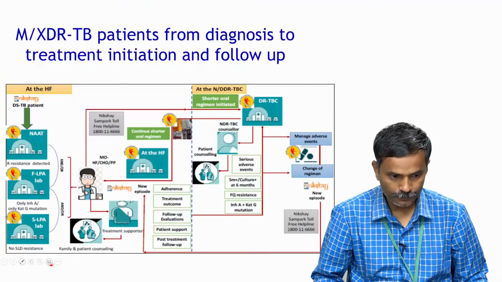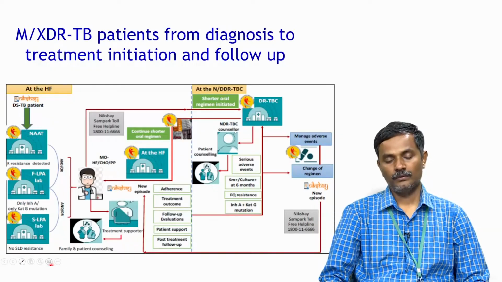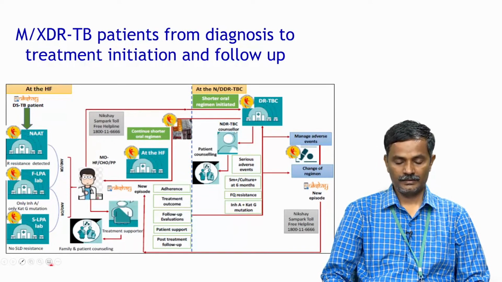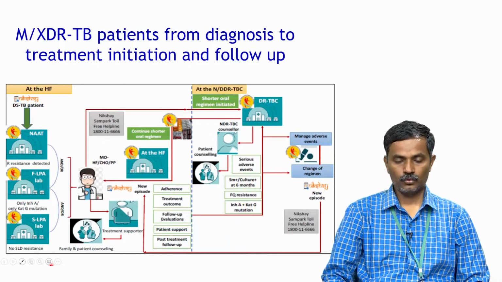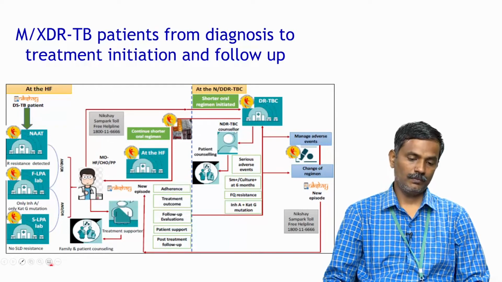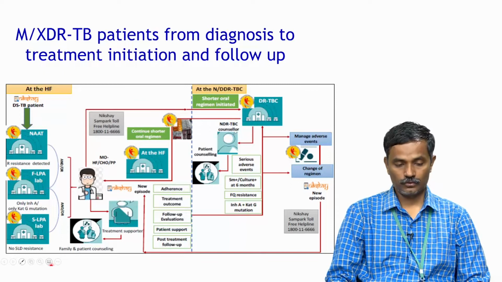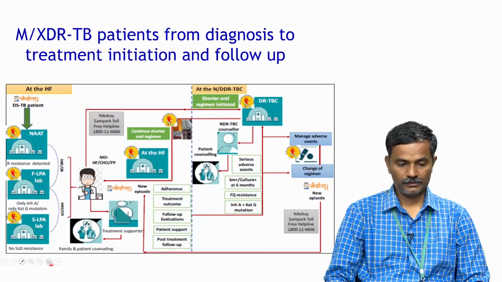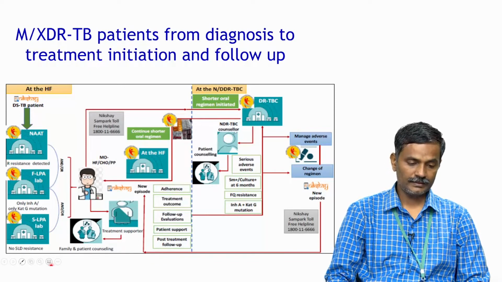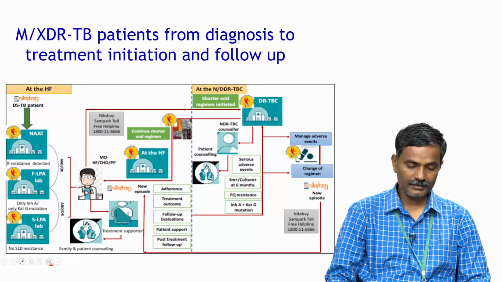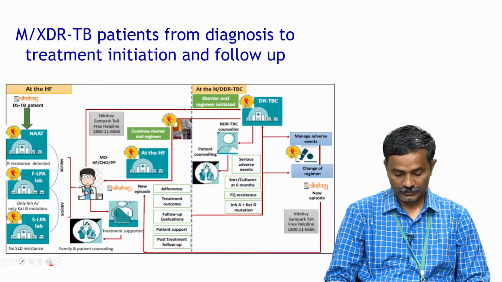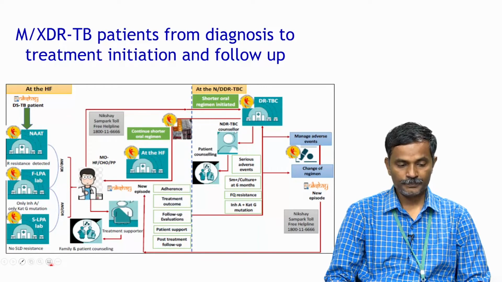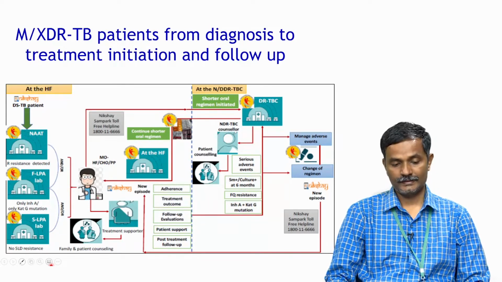And this is the patient follow-up, that is, for MDR or HR TB patients, from diagnosis till treatment, and even after that, the patient has to be followed. Whenever the patient first comes to a health facility, at that site itself we can diagnose whether it is DSTB or DRTB based on the NAT test.